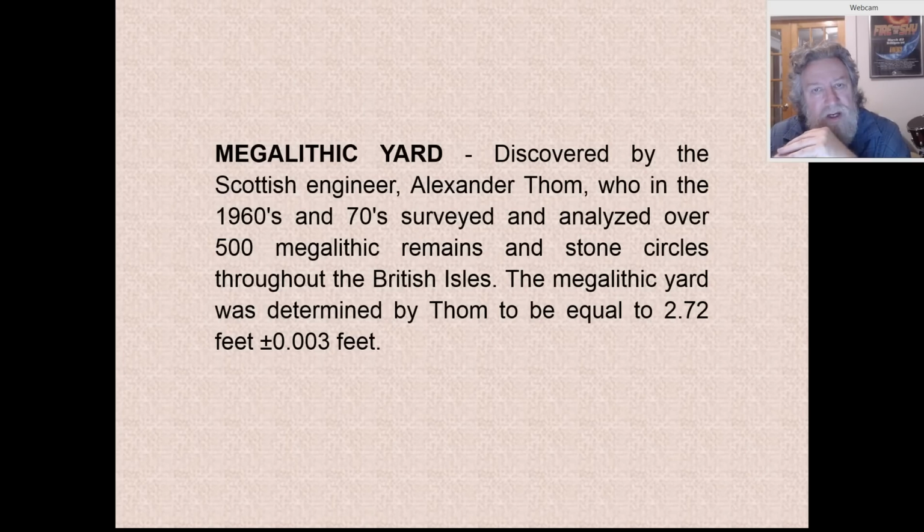Okay, so now if the side of that double square is a Riemann, and each of the squares is now a square Riemann, we put two of those together, and we have a rectangle that is one Riemann on its short side, two Riemanns on its long side. Its diagonal is going to be the megalithic yard. Coincidence? We don't know at this point. If it is a coincidence, it's a very interesting one, isn't it?